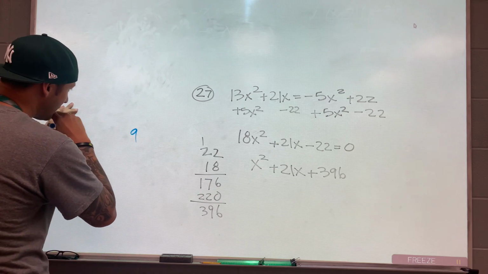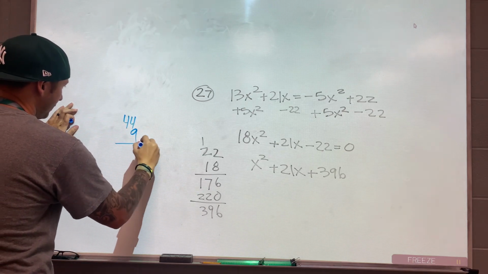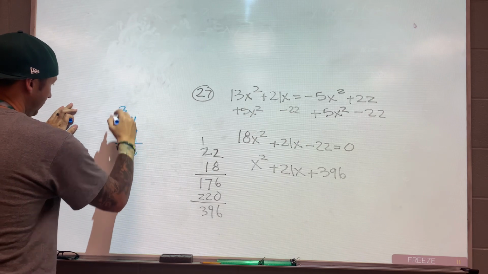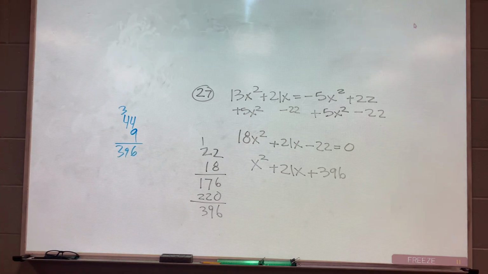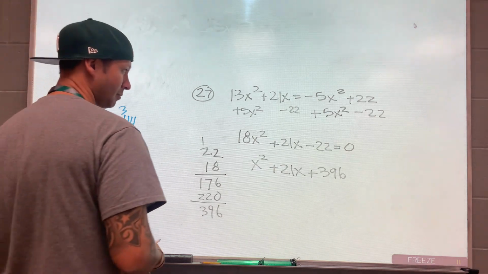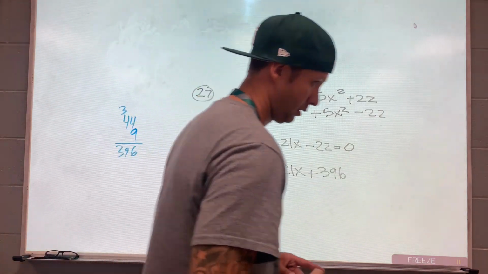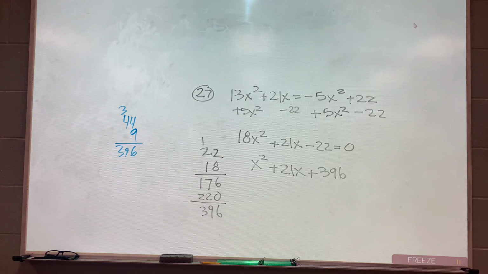Nine. 36, 39. So 9 and 44, but that doesn't make 21. And even if we were to add these together, so we still have a ways to go actually. That's what that means. 12. 12 would work. 12 would work.